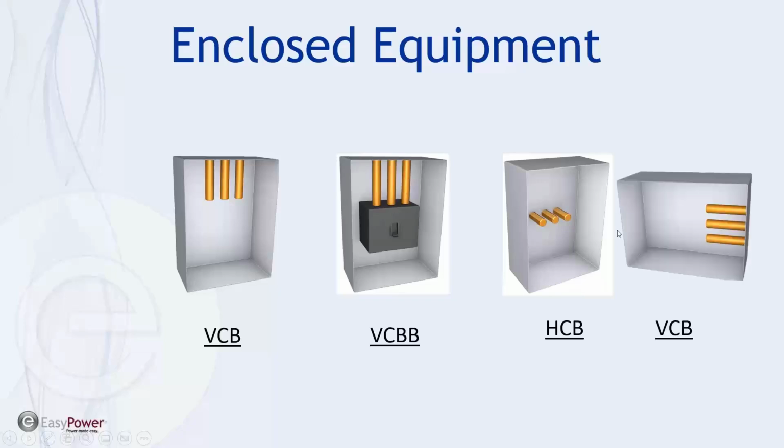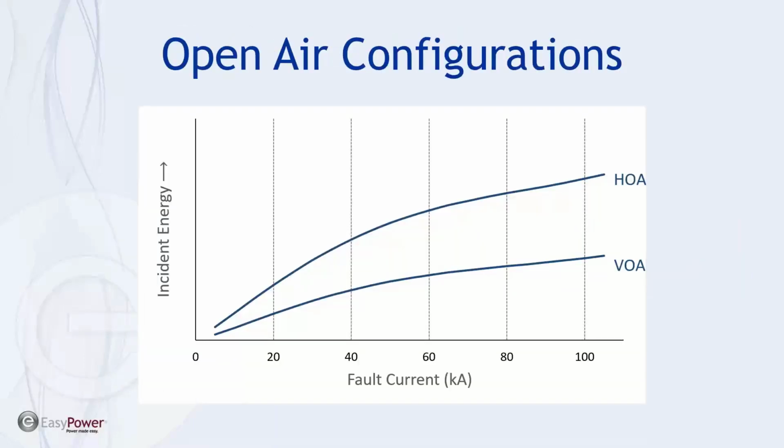Now, what's interesting is that this orientation, although it looks like it's horizontal, actually would be defined as a vertical in a closed box because the terminals don't point out at the technician doing the work. And I think that's something of a surprise to some of us.